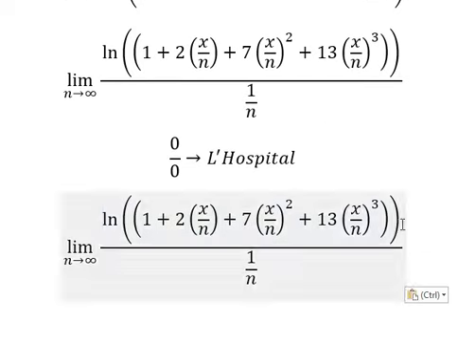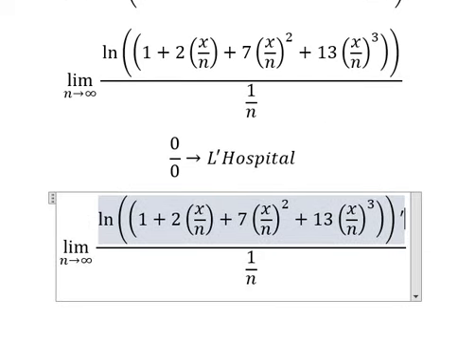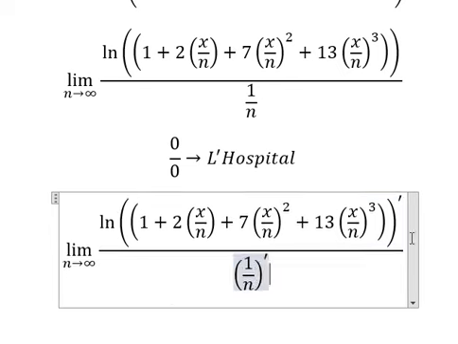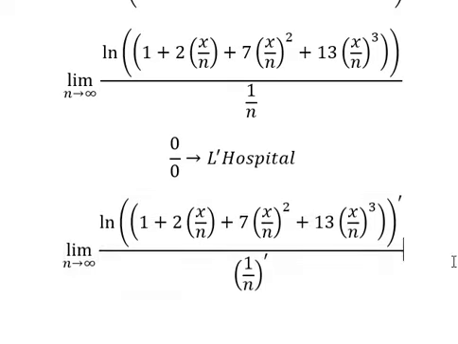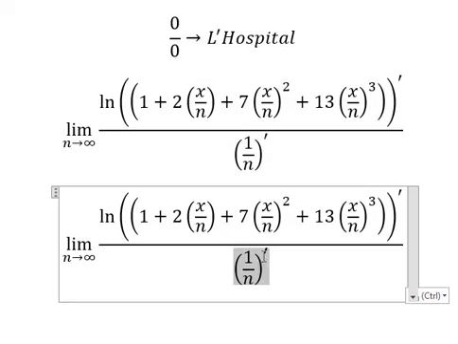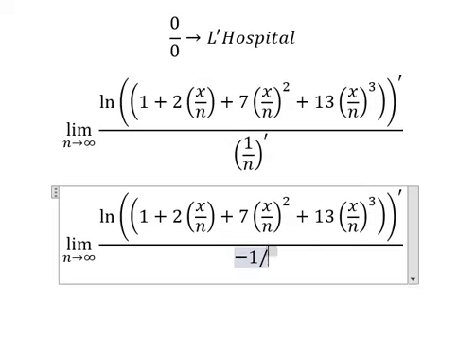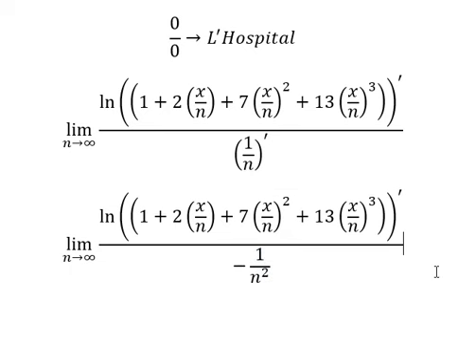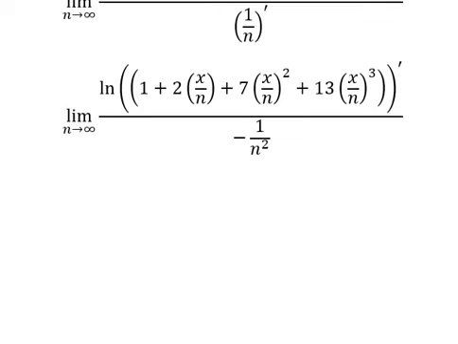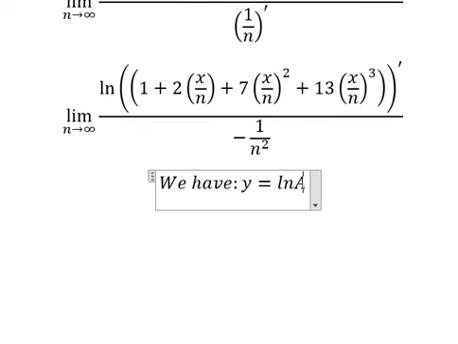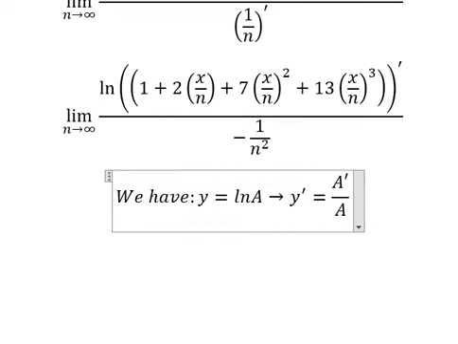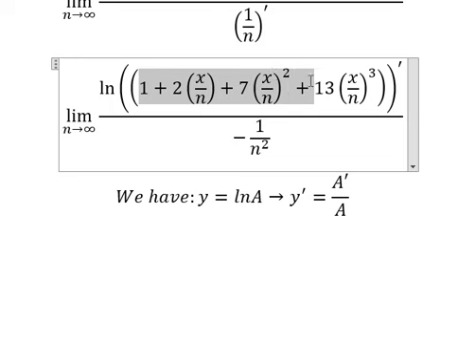That means we need to first take the derivative of the numerator and the denominator. So this one we have like this. This one we have the formula. So that should be like this.